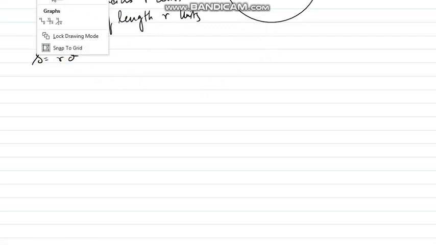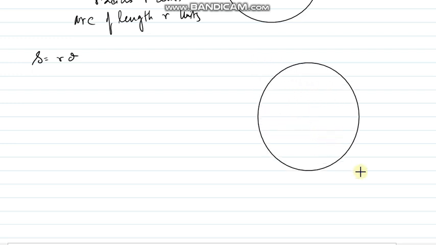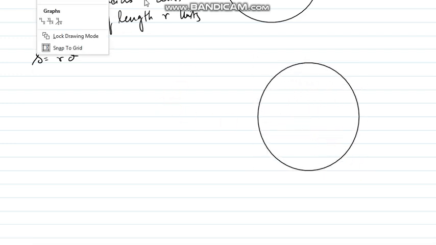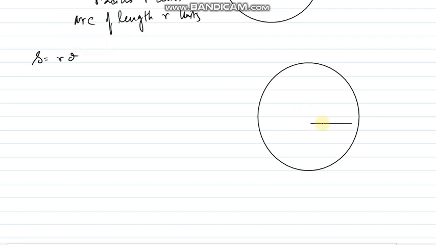Suppose we have one circle like this, and I will draw a couple of arcs over there. From the center, this is the first line, this is my second line, and my third line is over there.